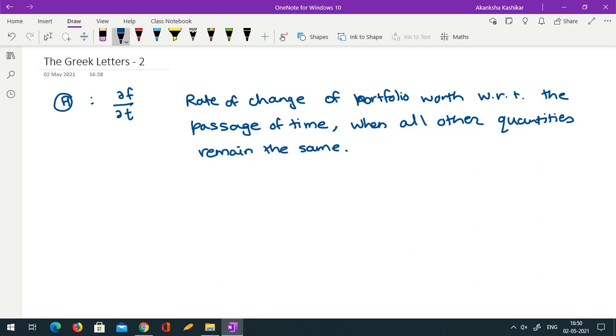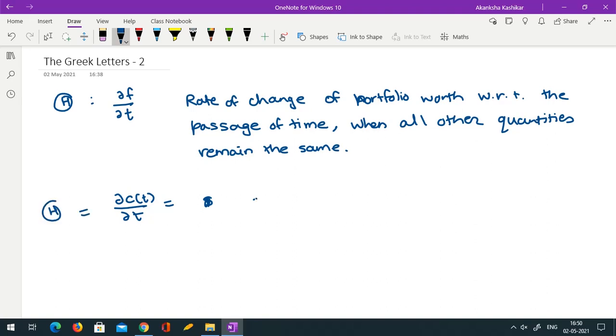What would be theta for a call option? Theta for a call option would be ∂c/∂t, and we know the formula, so we can try to derive it. I'll just write the final answer because the derivation is pretty straightforward.